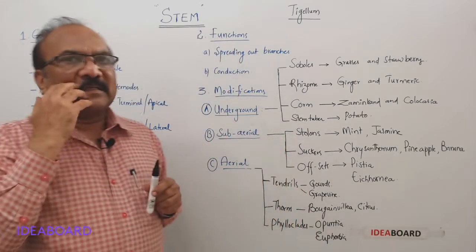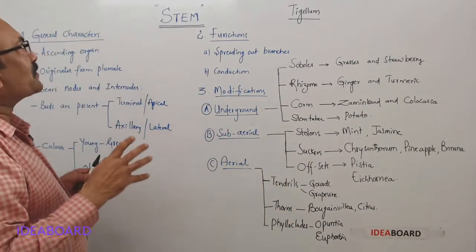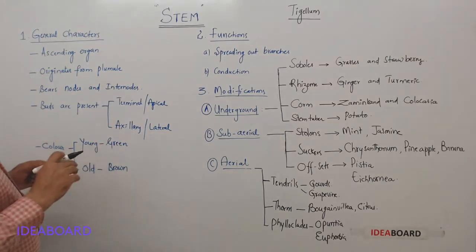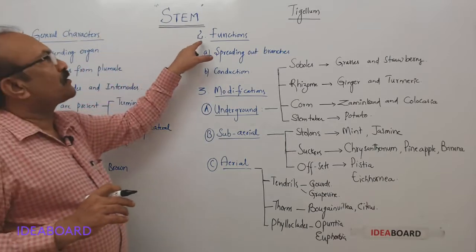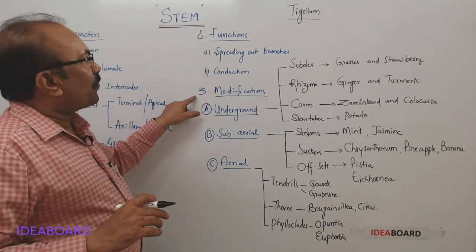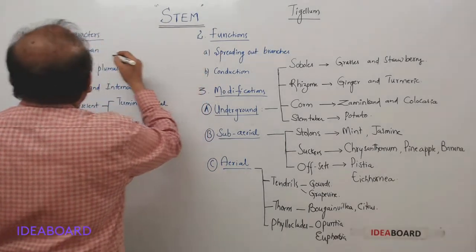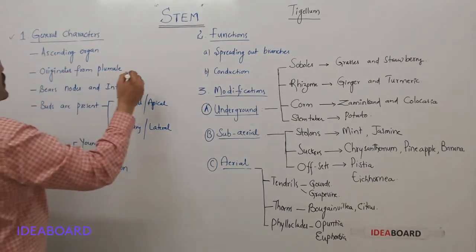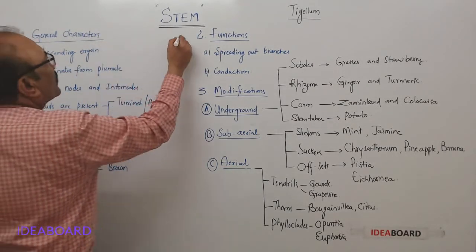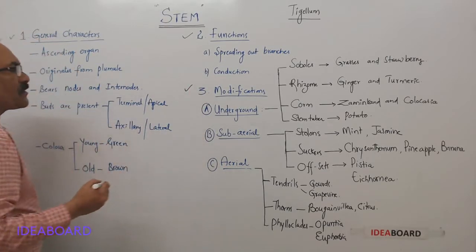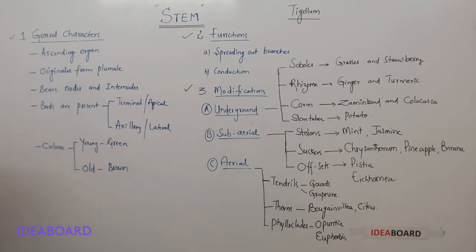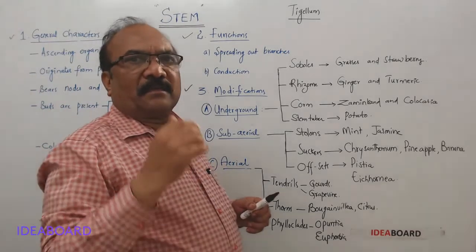So let us discuss three aspects in this topic of the stem: general characters of the stem, functions of the stem, and modifications of the stem. First, let us see the general characters.